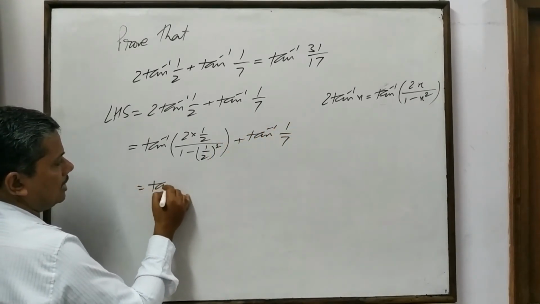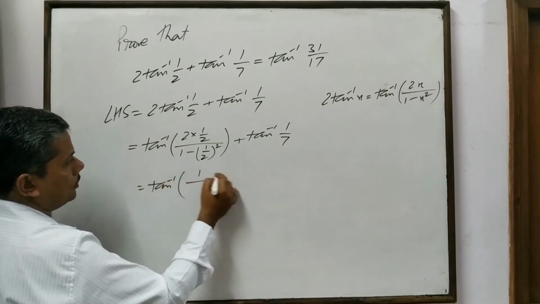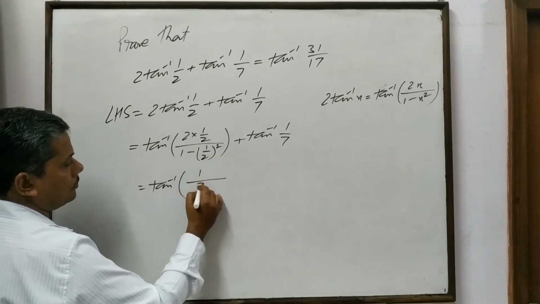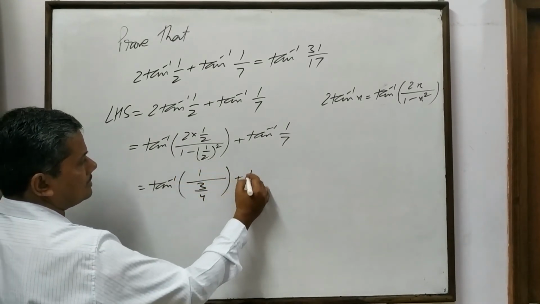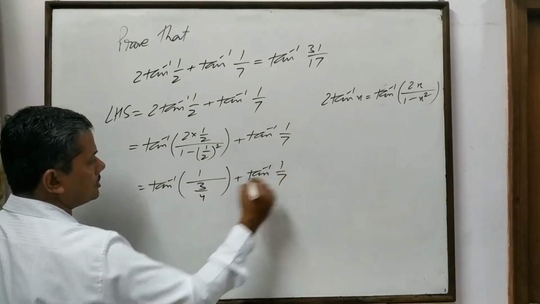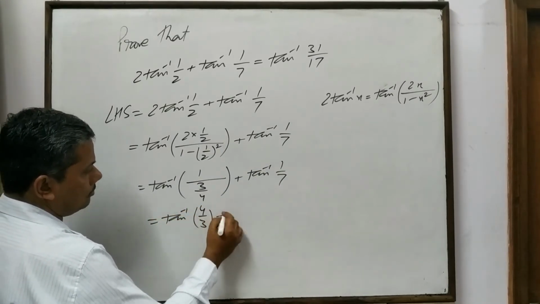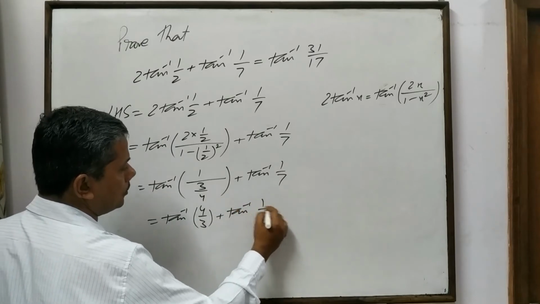So this is tan inverse 1 upon 1 minus 1 by 4, which is 3 by 4, plus tan inverse 1 upon 7. This is tan inverse 4 upon 3 plus tan inverse 1 upon 7.